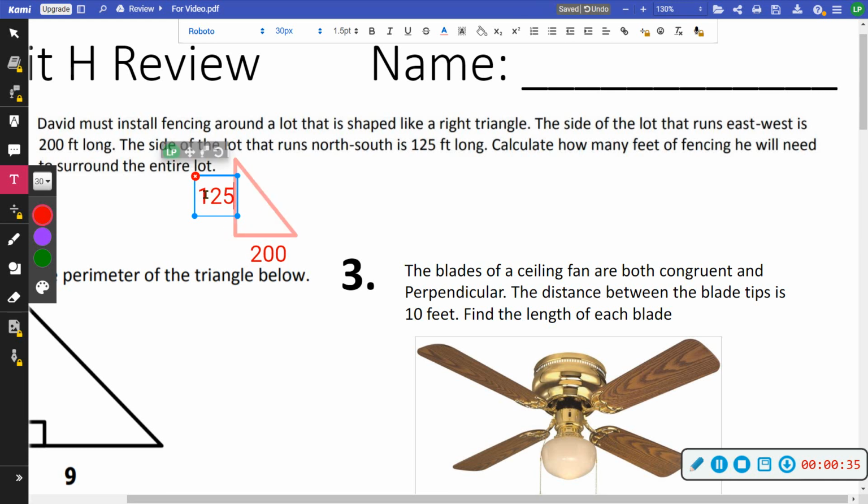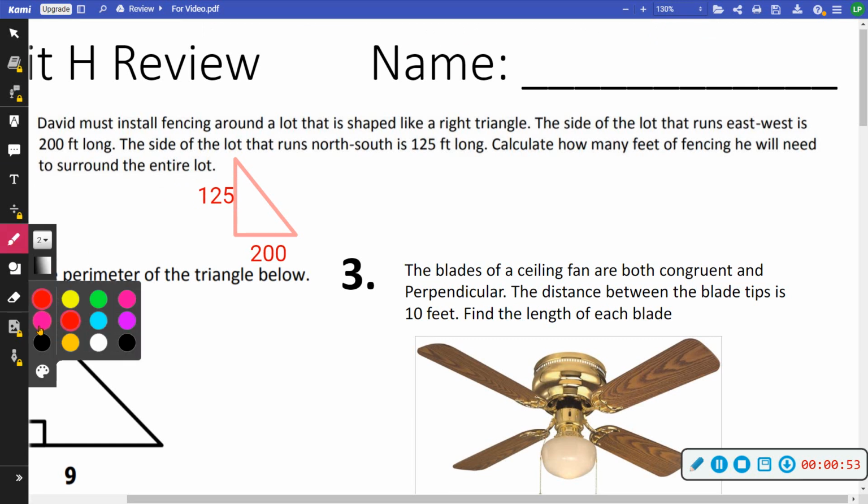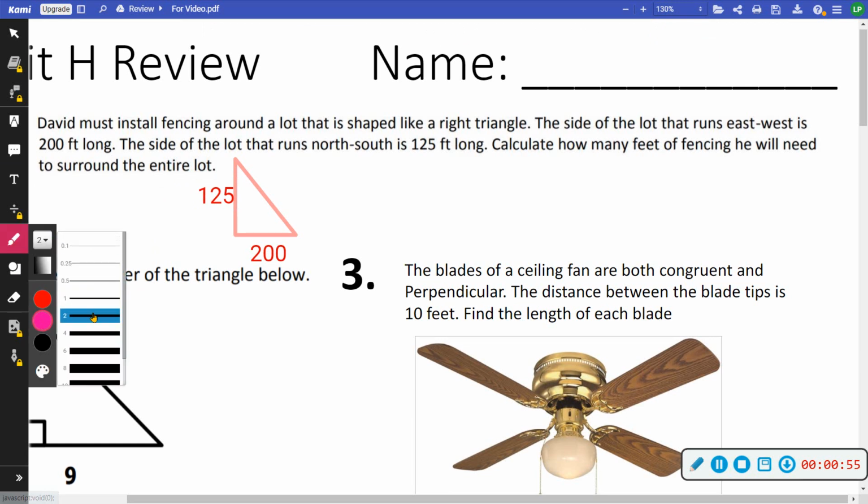I know the answer is at least 325 because this is basically asking for a perimeter. So I need to find the length of this side. We will call this the hypotenuse since it is across from 90 degrees. This means I could use the formula a squared plus b squared is c squared.